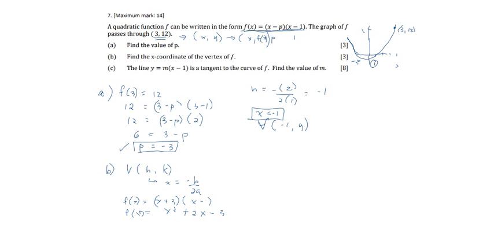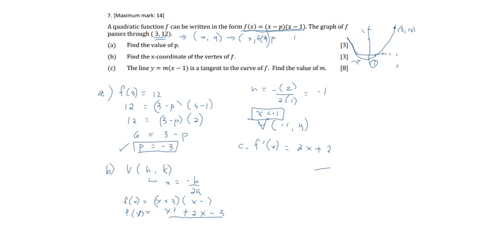Now for letter C, the line y equals mx minus something is tangent to the curve of f. Find the value of m. Here we're going to use calculus, finding the first derivative to find the tangent to the curve. So if this is our f of x, then the first derivative is equal to 2x plus 2.